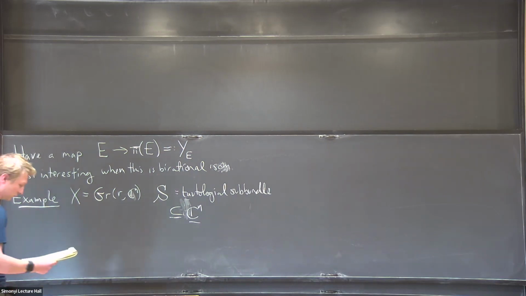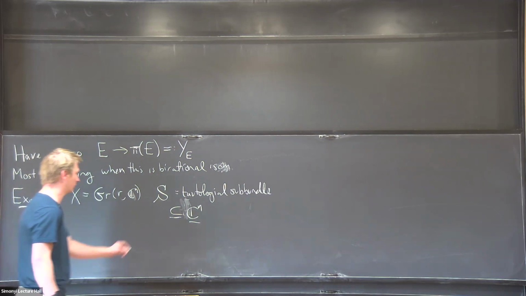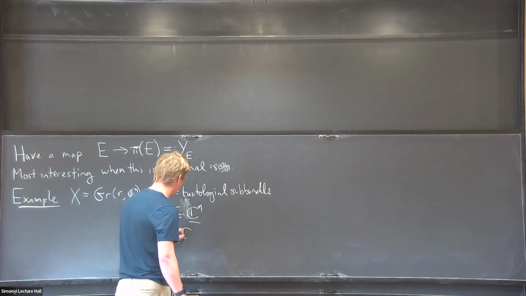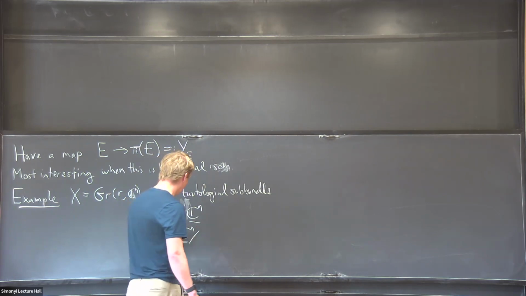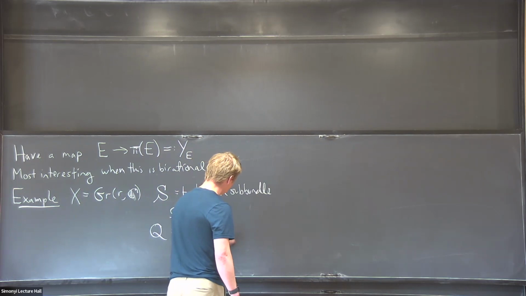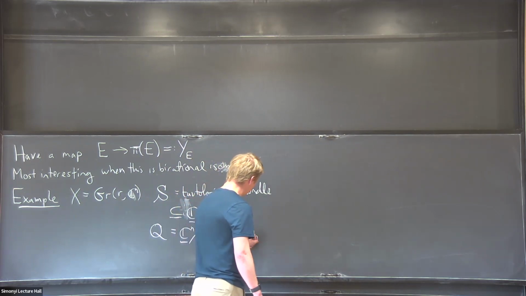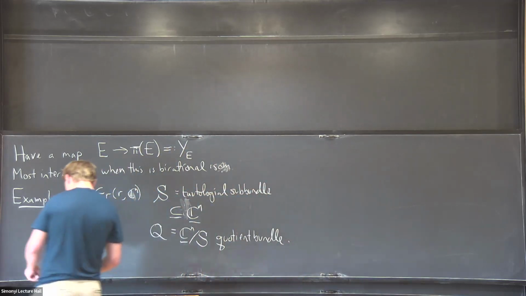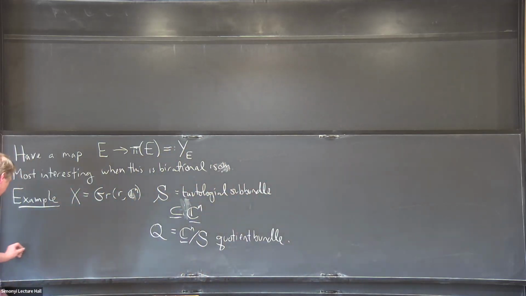And then I'll fix some notation for later. Q is going to be the associated quotient bundle, which is C^n modulo S. This is a good example.